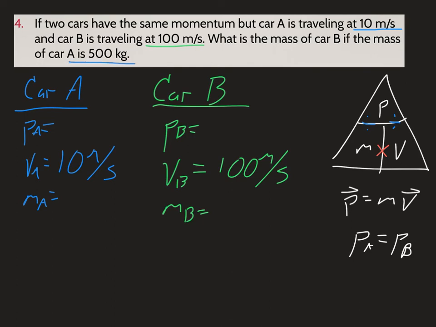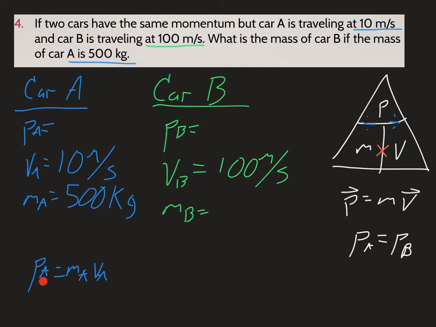But then we find out that car A has a mass of 500 kilograms, and that's all we can fill out. But this does give us everything we need to do the momentum of car A. So we write out that formula.